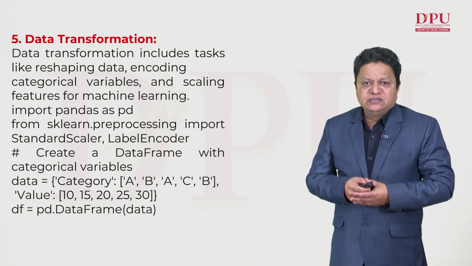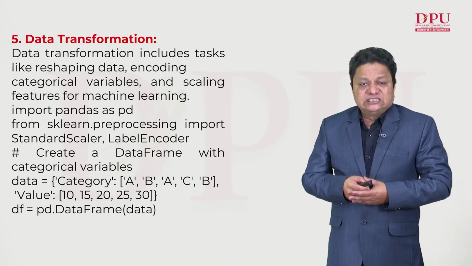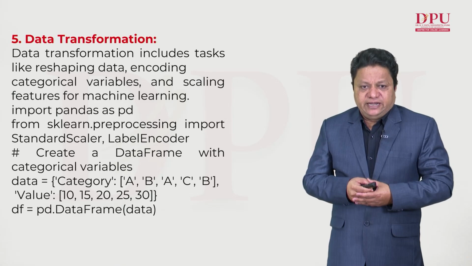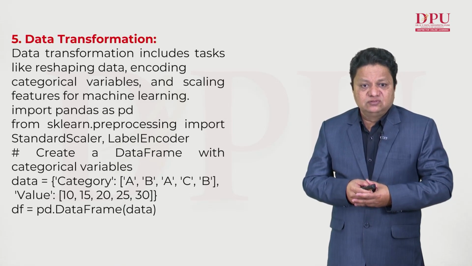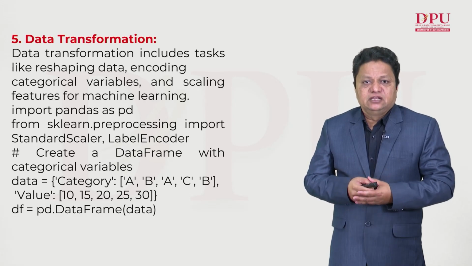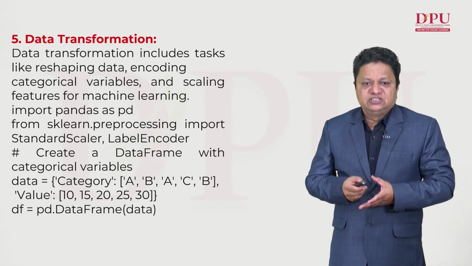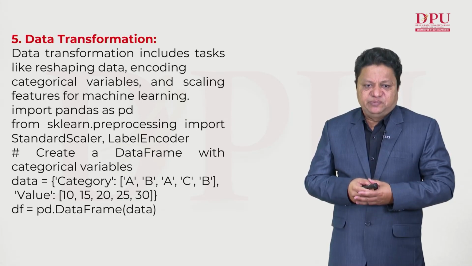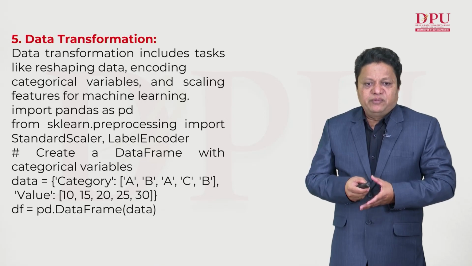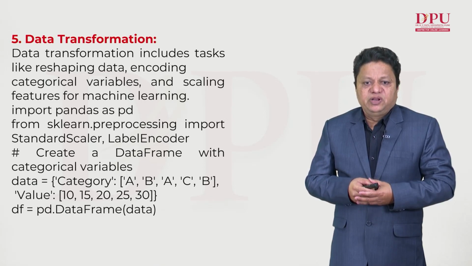So transforming means reshaping your data, encoding the categorical values or scaling the features for your machine learning algorithms. So for example, import pandas as pd. From sklearn.preprocessing, import StandardScaler, LabelEncoder.